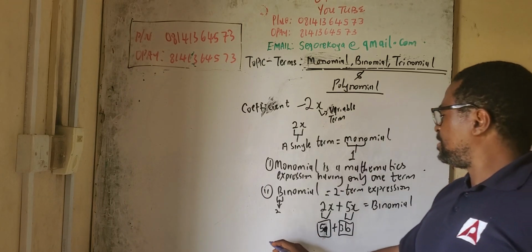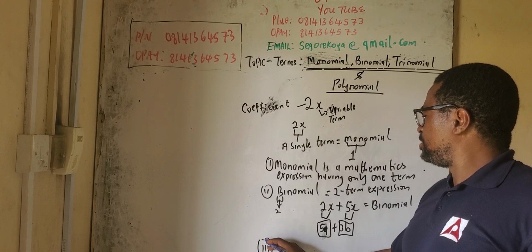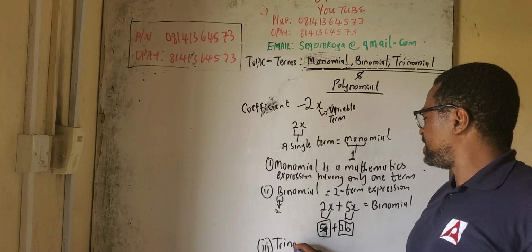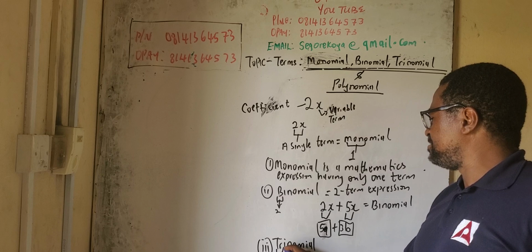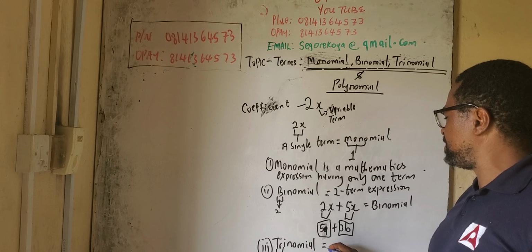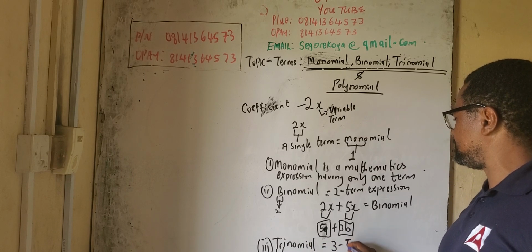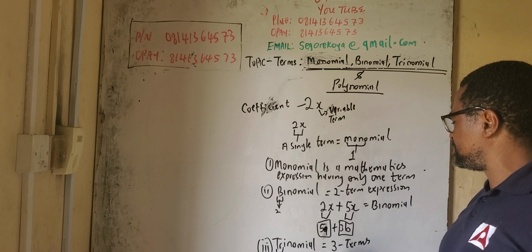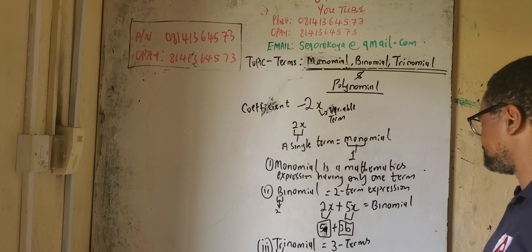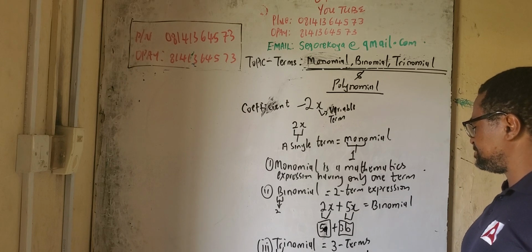Now, another one is called trinomial. The word tri means 3. So loosely speaking, trinomial simply means 3 terms. Like if I have x squared plus 3x minus 1.